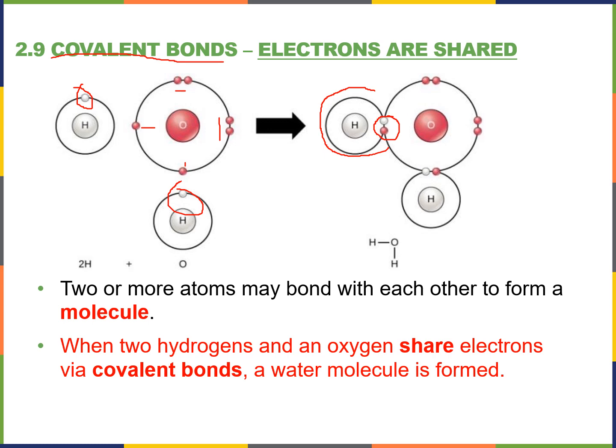At any other given instant, they're in the valence orbit of oxygen, meaning it now has 8, meaning it is now happy. This sharing of electrons we refer to as a covalent bond. So whenever you see covalent, think sharing.